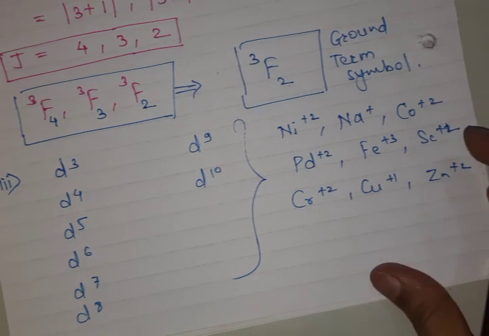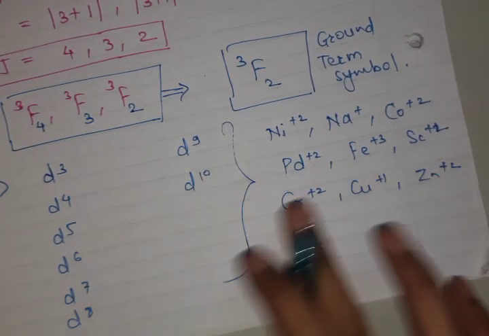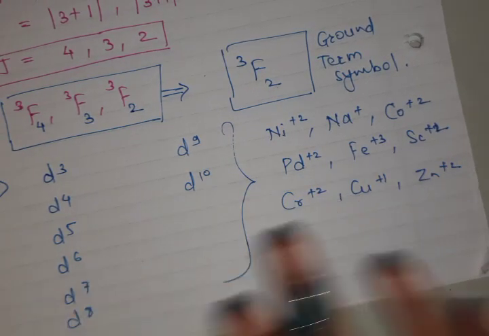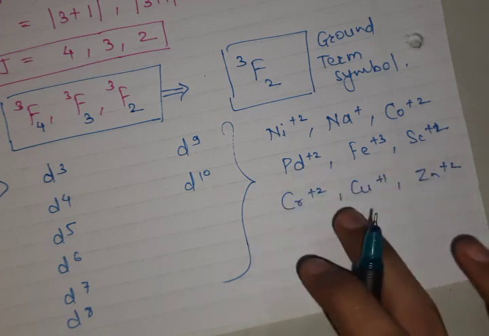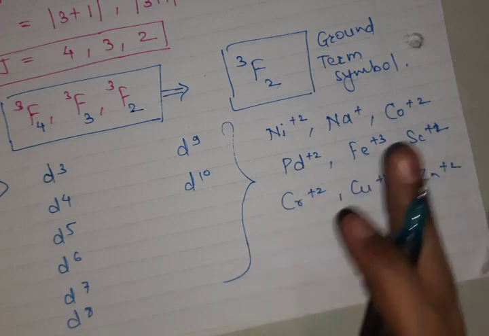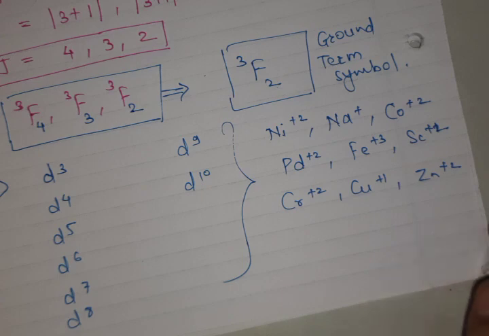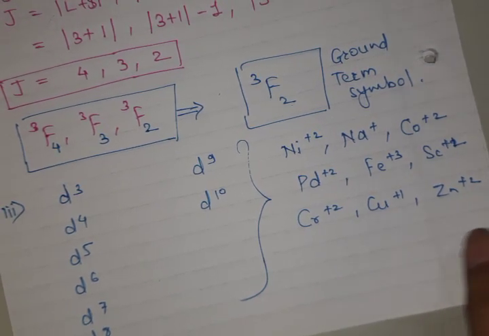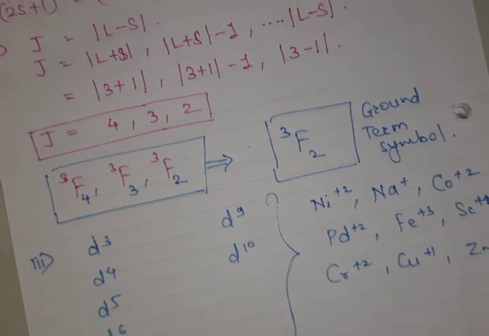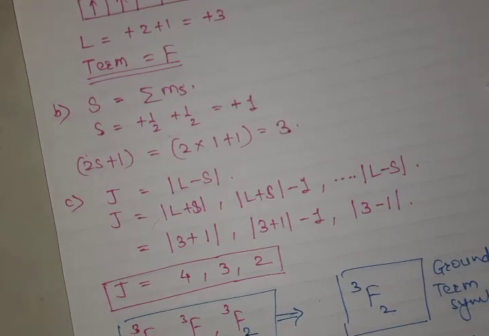Let me know in the comment section what the answers are for these electronic configurations. At least solve 5 of these examples for more practice. And for F orbital, I'll tell you in the next video.